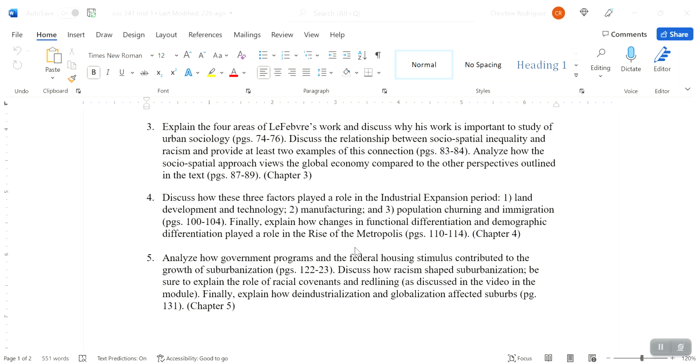Again, some pages to reference. So again, don't just list the three factors and don't just say land development technology meant this, manufacturing meant this, population churning and immigration meant this. Give some examples, flesh it out. How is that playing a role in the industrial expansion?